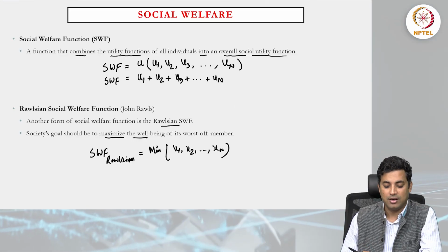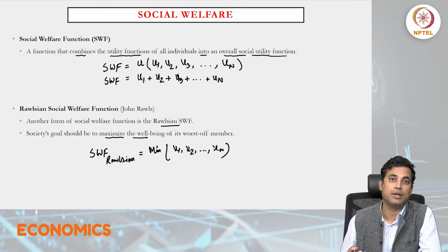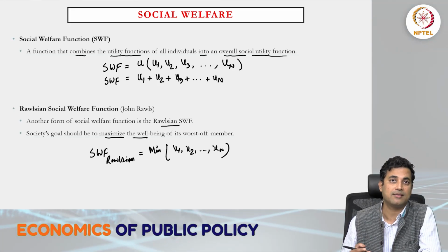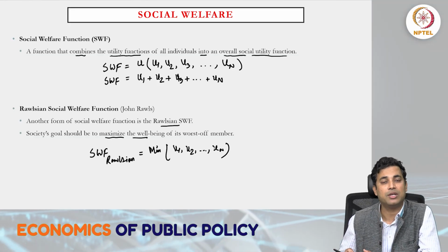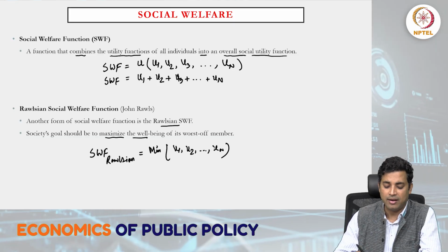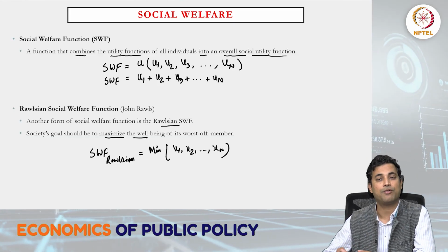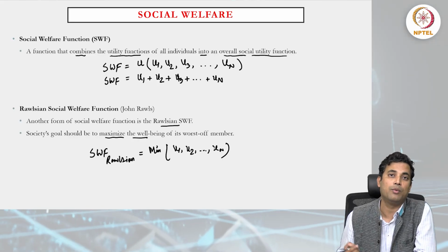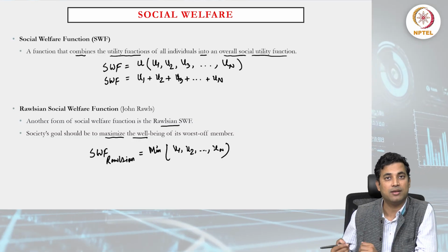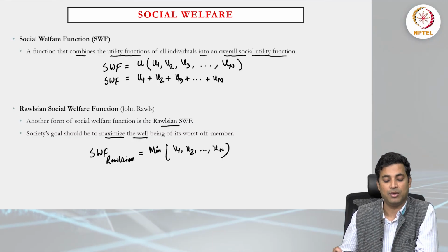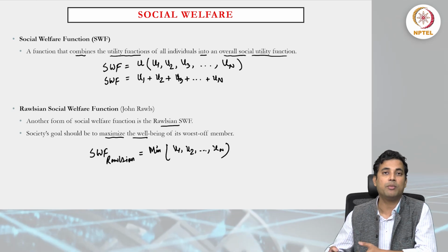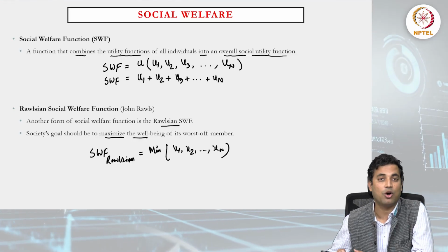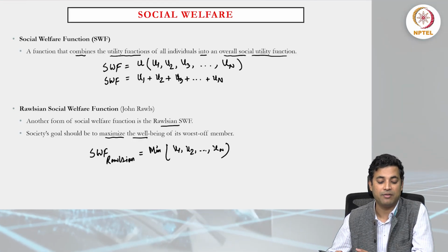That is the Rawlsian way of defining social welfare functions, where the general social welfare function is basically the summation of the utility of all the individuals in the society. In the case of Rawlsian, if we draw from the idea of Pareto efficiency, it is basically the utility of the worst-off members of the society, considering them, and then automatically there will not be any further cost involved. So that is basically the Rawlsian way of social welfare functions.